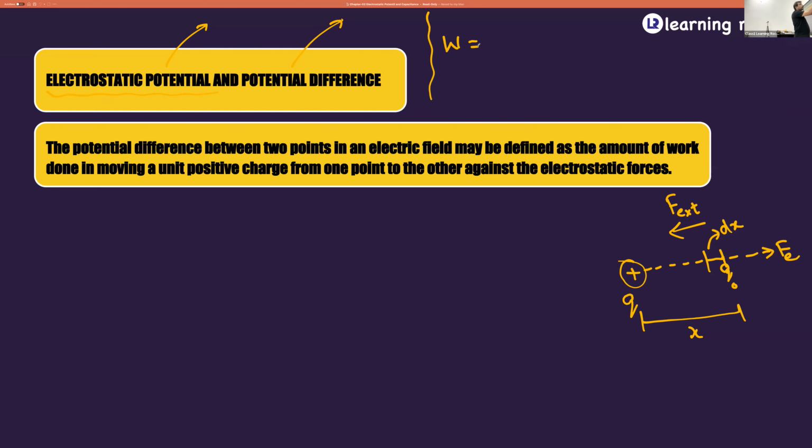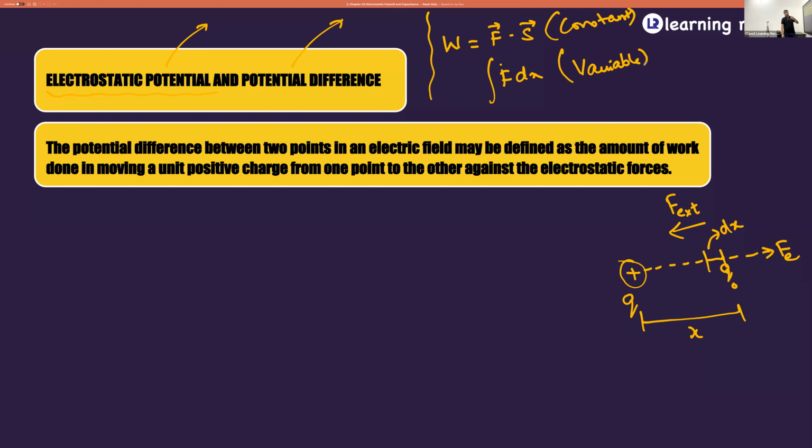One is F vector dot S vector, or integral of F dx. We need to know when to use which one. The first one is used when the force is constant. The integral is used when the force is variable.